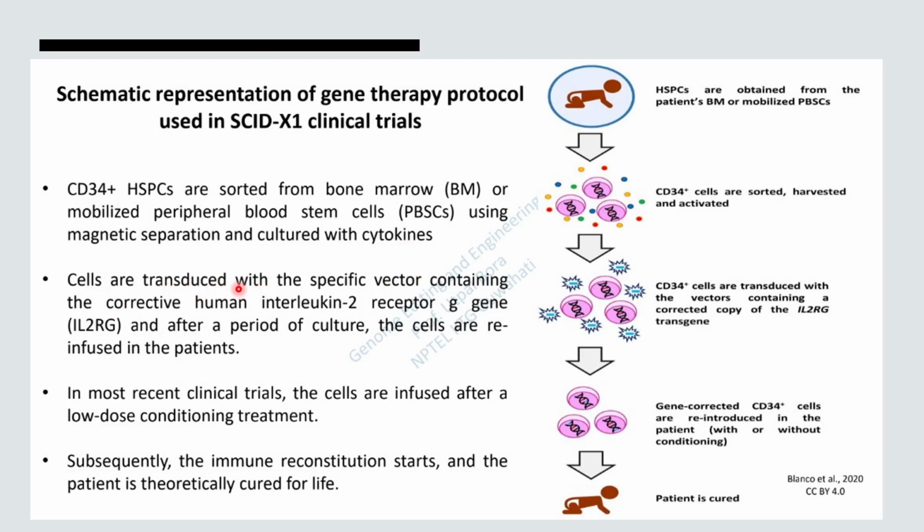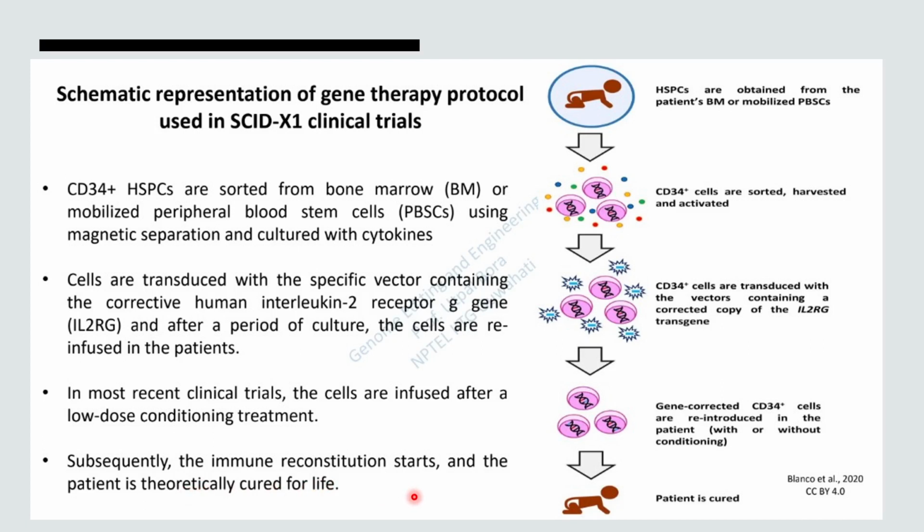These cells are transduced with a specific vector containing the corrective human interleukin 2 receptor gamma gene, that is IL2RG, and after a period of culture the cells are reinfused in the patients. In most recent clinical trials, the cells are infused after a low dose conditioning treatment. Subsequently, the immune reconstitution starts and the patient is theoretically cured for life.